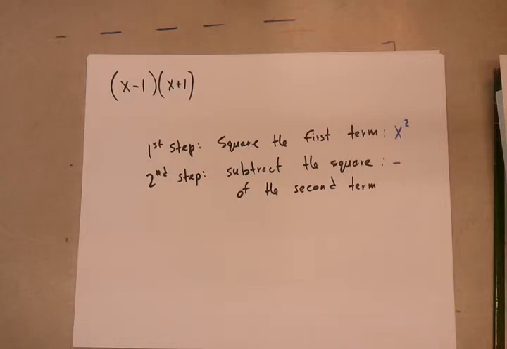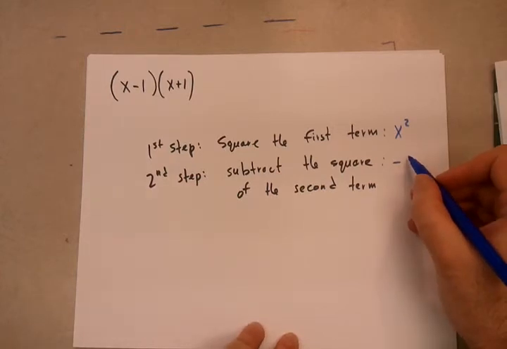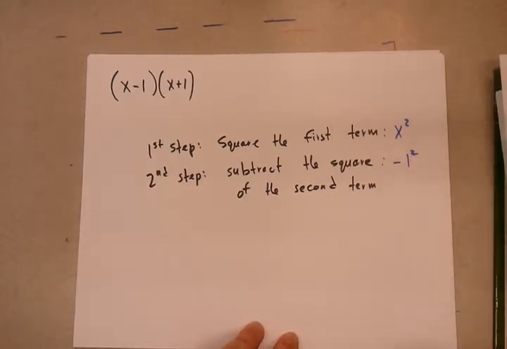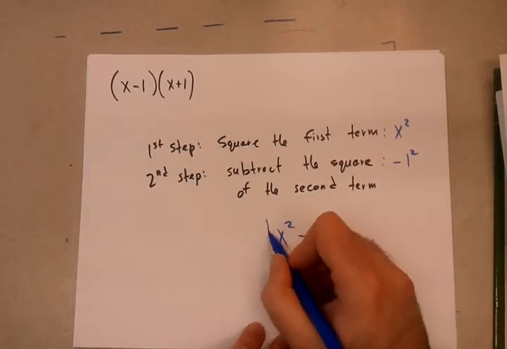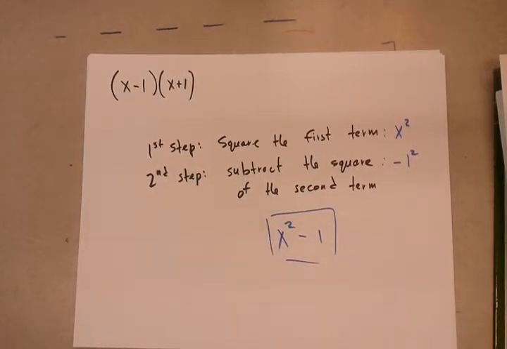Which one do I choose? It doesn't matter, because squaring a 1 is a 1. Squaring a -1 is still a 1, because if you take a negative number and square it, you get the same number. So minus 1 squared, which is just 1 itself. So the answer is x squared minus 1. As simple as that. No need to FOIL anything, just all ready to go for you.